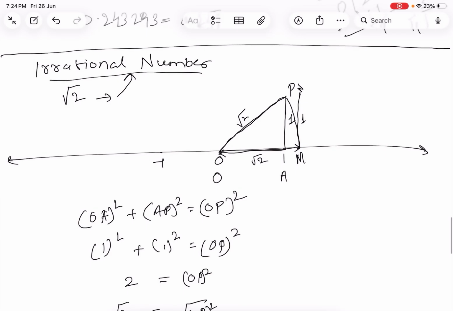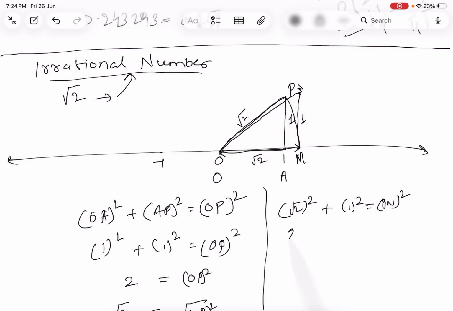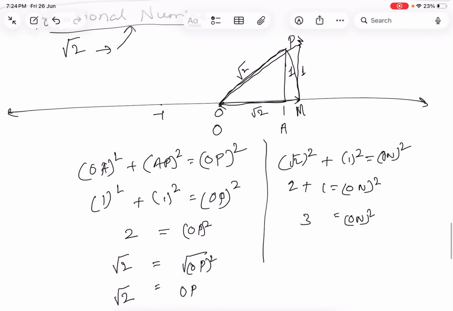Again use the same Pythagoras theorem. Square root of 2 square plus 1 square is equal to segment ON square. This ON is not known, but soon you will see that ON square is equal to 3, and taking square root on both sides, ON will be equivalent to square root of 3.